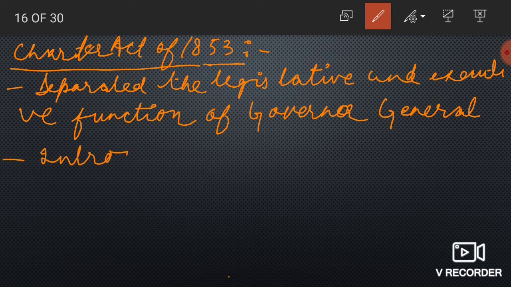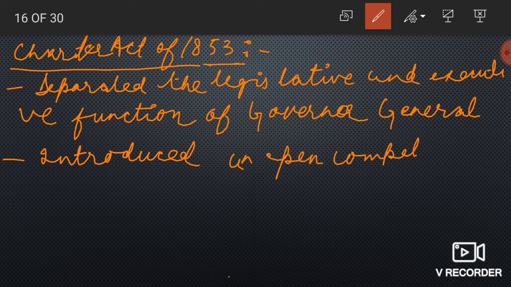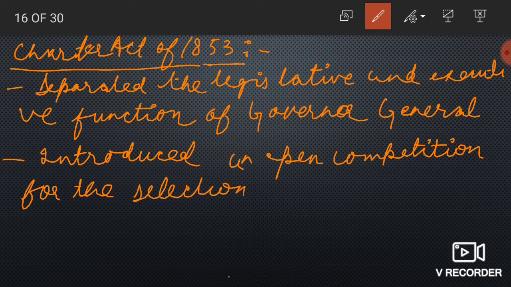It introduced an open competition for the selection of civil servants.